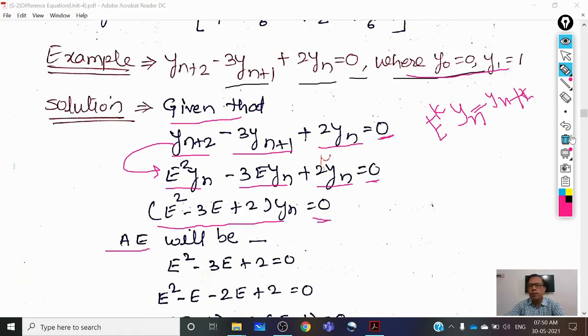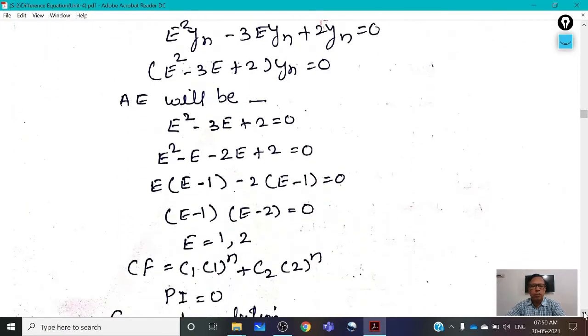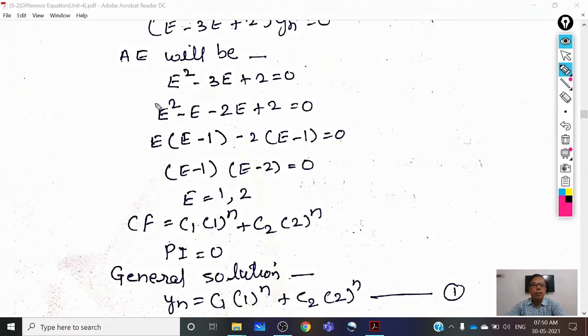So the auxiliary equation will be E² − 3E + 2 = 0. On factorizing, we have E² − E − 2E + 2 = 0. Taking E common, E remains with (E − 1), and taking minus 2 common, remains (E − 1).